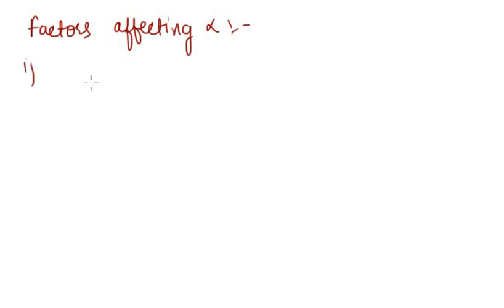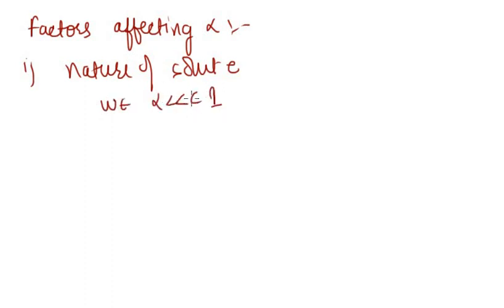So first is nature of solute. For a weak electrolyte, alpha is very much less than 1. We know whenever we call it a weak electrolyte, the degree of ionization will be very less than 1. It will not be completely ionized into its constituent ions. But whenever we are using a strong electrolyte, alpha will always be equal to 1.